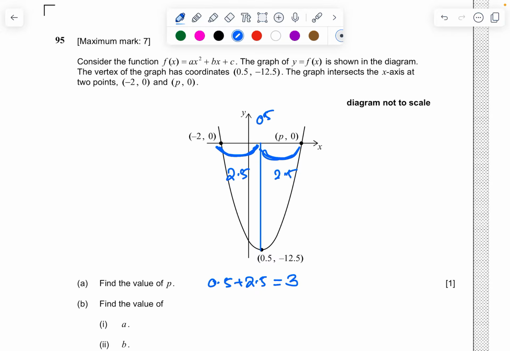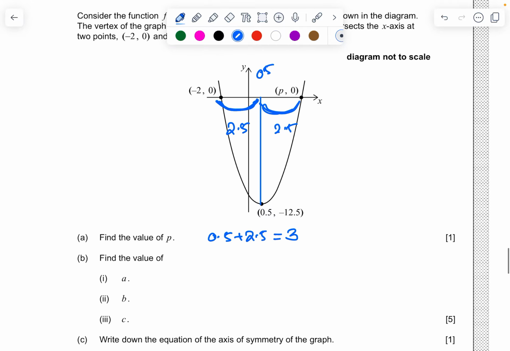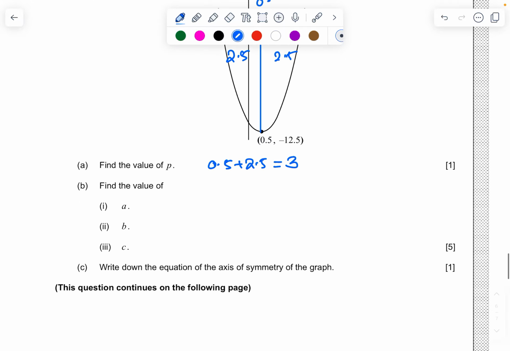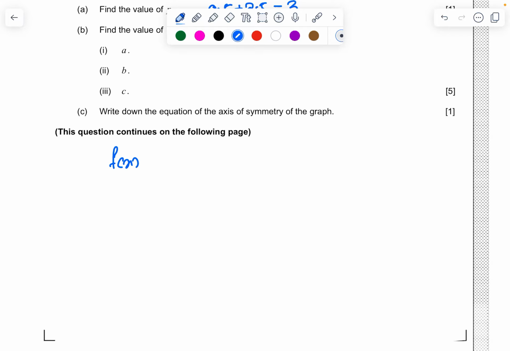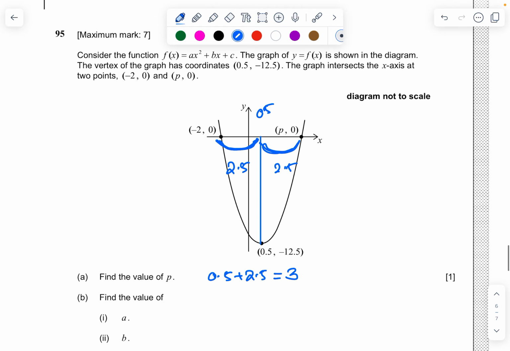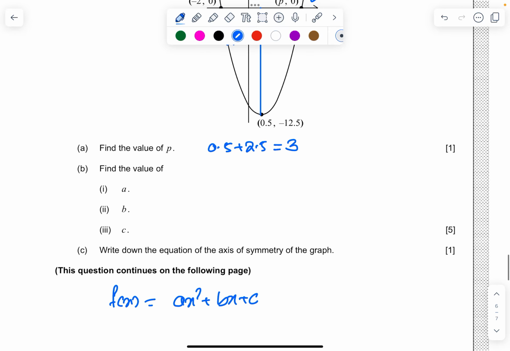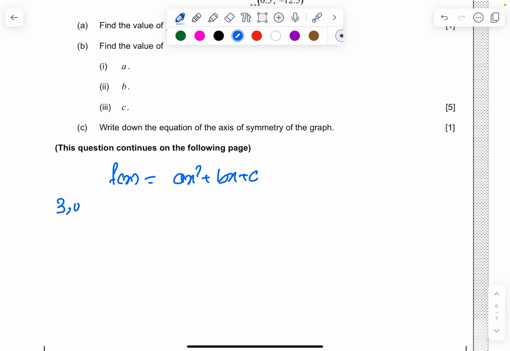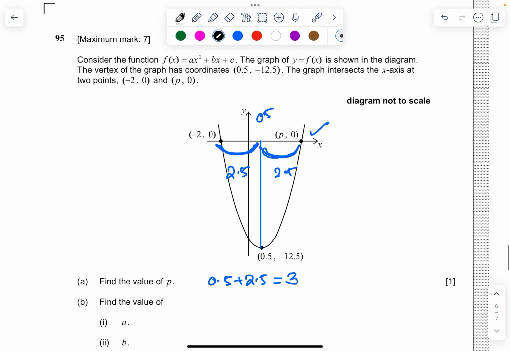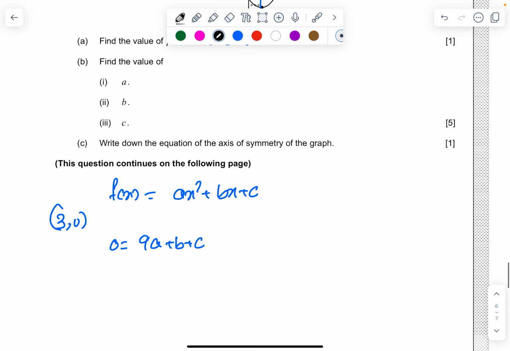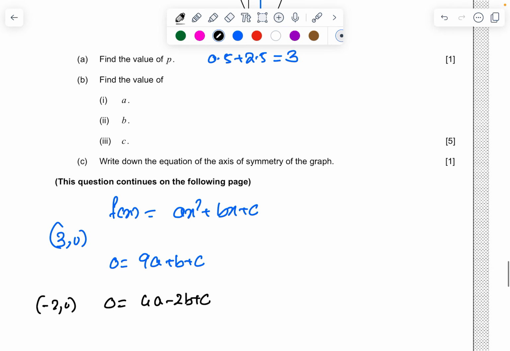Then find the values of a, b, and c. So f of x equals ax squared plus bx plus c. It is passing through the point 3, 0. So plug in: 0 equals 9a plus 3b plus c. Then it is also passing through the point minus 2, 0, which gives 0 equals 4a minus 2b plus c.